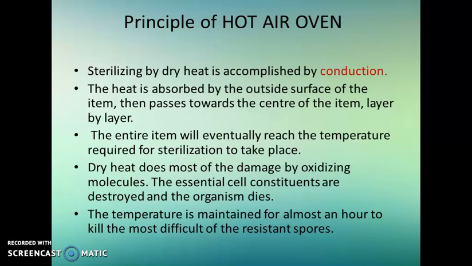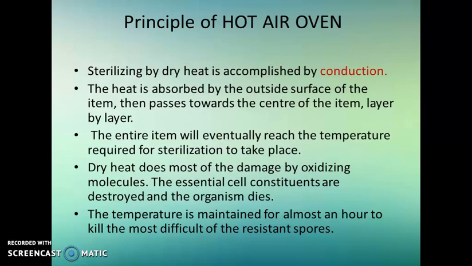In this method, the heat is absorbed by the outside surface of the item, and that heat passes towards the center of the item layer by layer. The entire item will eventually reach the temperature required for the sterilization to take place.